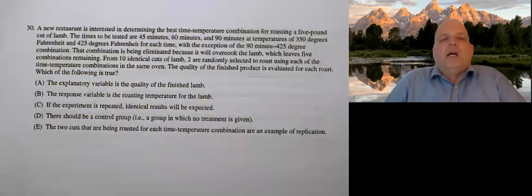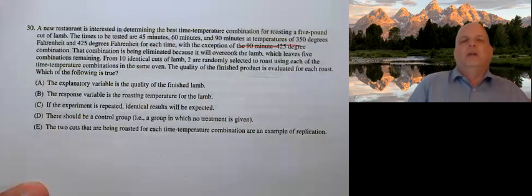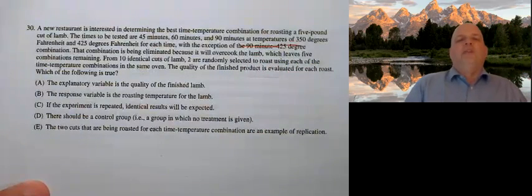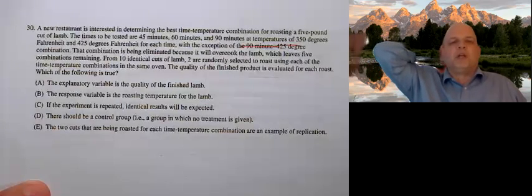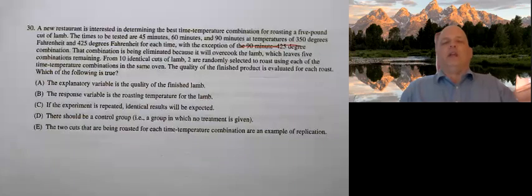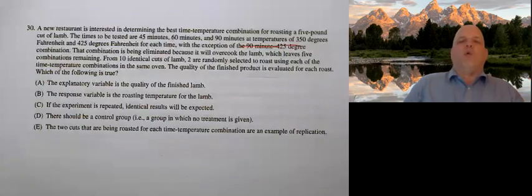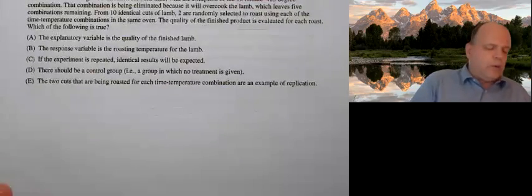That combination is being eliminated because it'll overcook the lamb. From 10 identical cuts of lamb, 2 are randomly selected to roast using each of the time temperature combinations in the sample oven. The quality of the finished lamb product is evaluated for each roast. Which of the following is true?